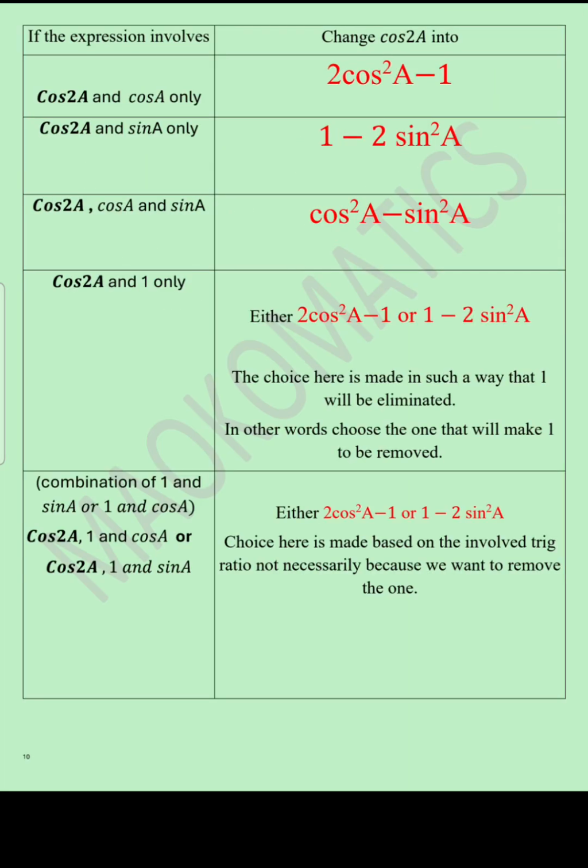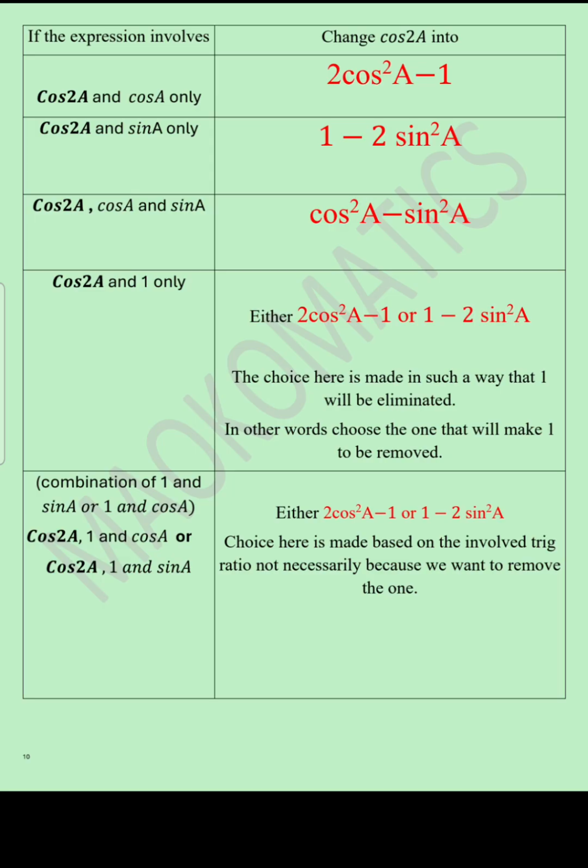Now we're going to look at proving identities. We only have one double angle identity for sine, but for cos it involves three. So how do you change them? How do you use each?